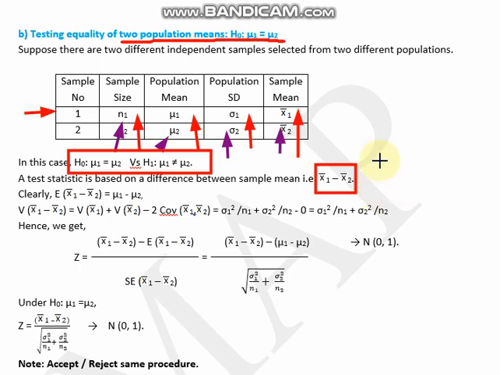And clearly we know that x1 follows normal with mean mu1 and variance sigma 1 square, and the second one is x2 follows normal with mean mu2 and variance sigma 2 square.